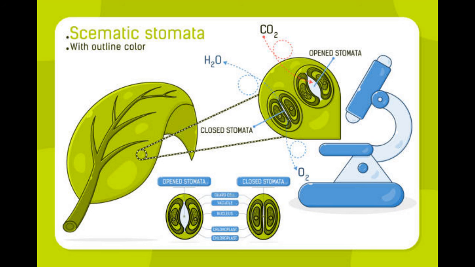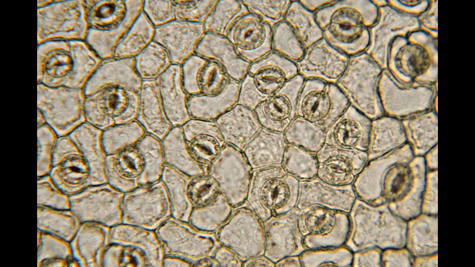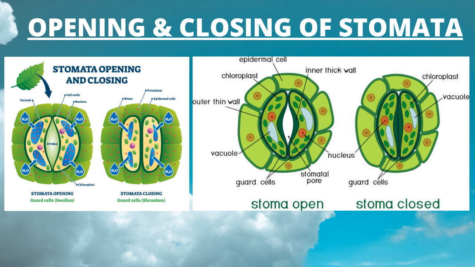The guard cells help in the opening and closing of the stomatal pore. When the guard cells lose water, they shrink, that is, they become flaccid, and therefore the stoma gets closed.